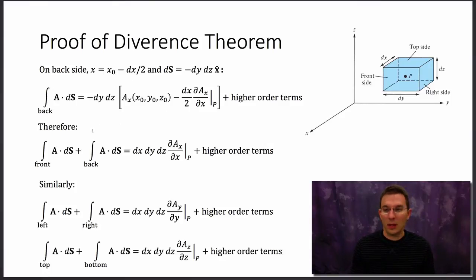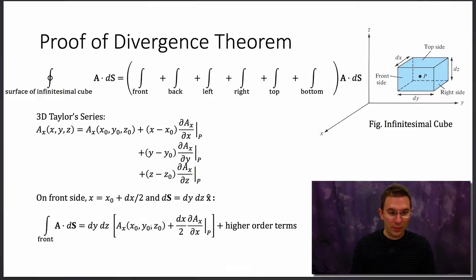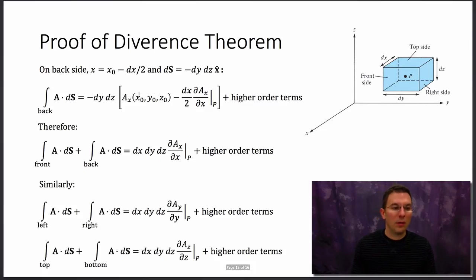The sum of the flux through the back and the flux through the front is simply the sum of this term plus this term right here, which when you add these two together, you can convince yourself gives dx dy dz, a little differential volume, which is interesting, times this partial derivative of the x component of A with respect to x evaluated at P.